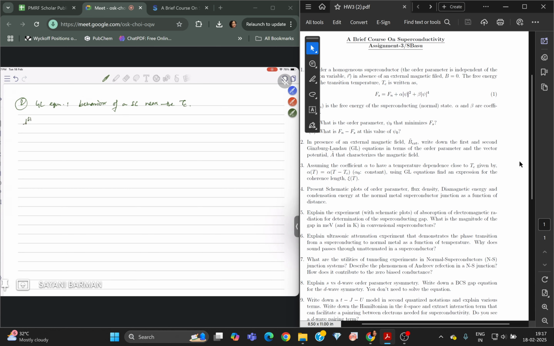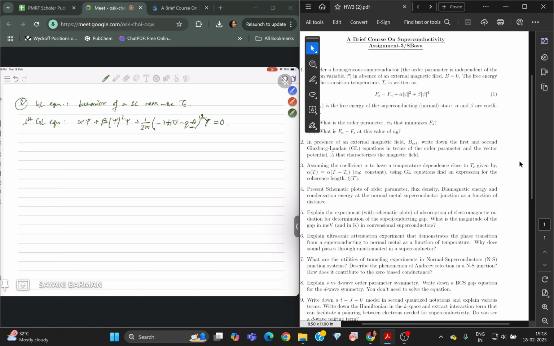Now, the first GL equation is alpha psi plus beta psi square psi plus 1 by 2m times minus i h bar gradient minus qA whole square psi equals 0. So this equation describes the variation of the order parameter psi in presence of the vector potential A.